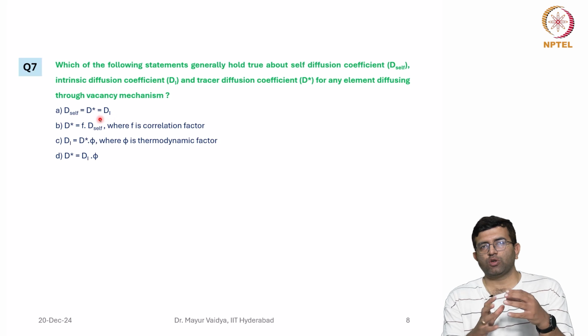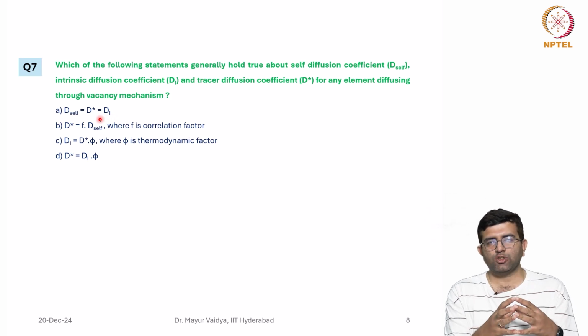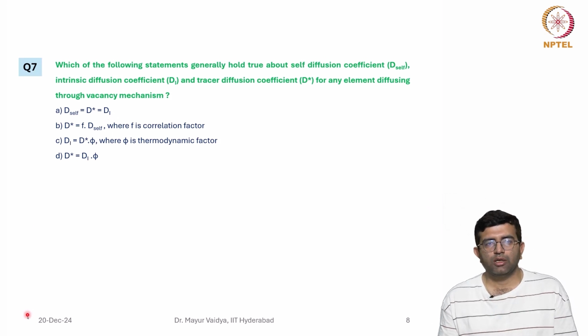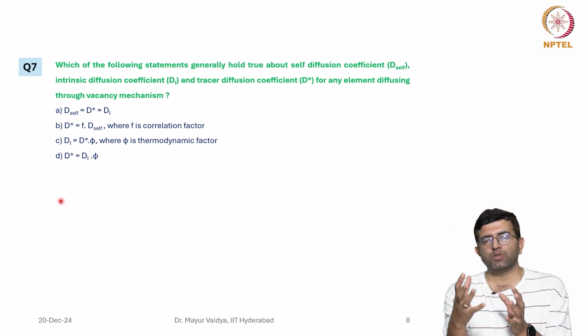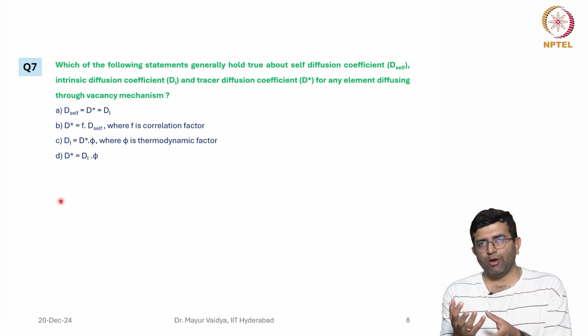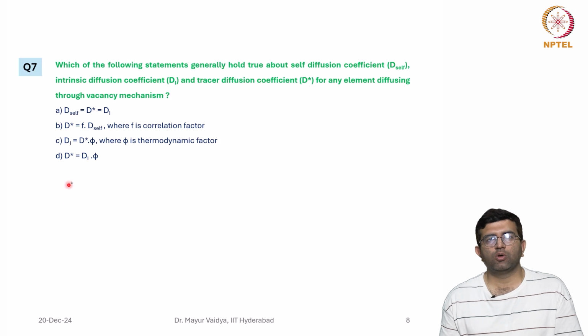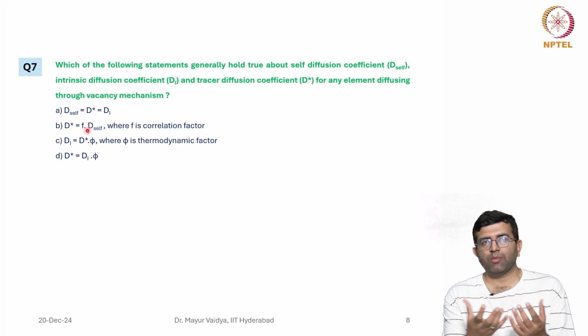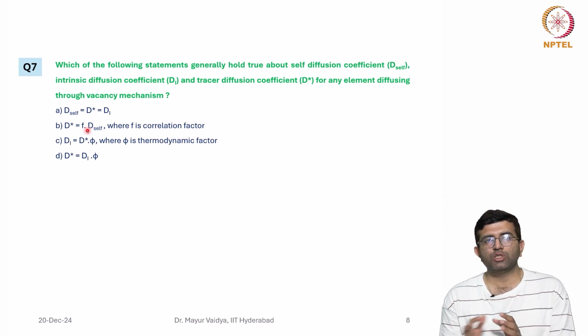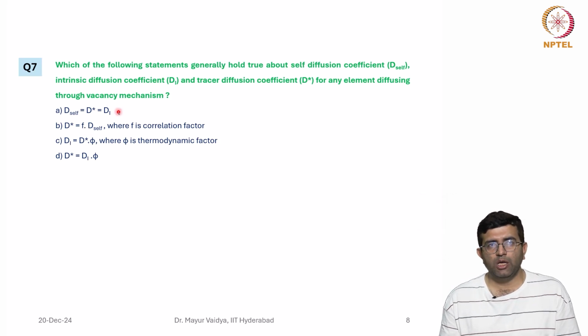The self-diffusion coefficient, as we described, is the diffusion which is taking place without any driving force, an atom diffusing inside a pure metal or in an alloy of AB. The intrinsic is when the movement of A occurs in the presence of a chemical driving force. So they are not equal.